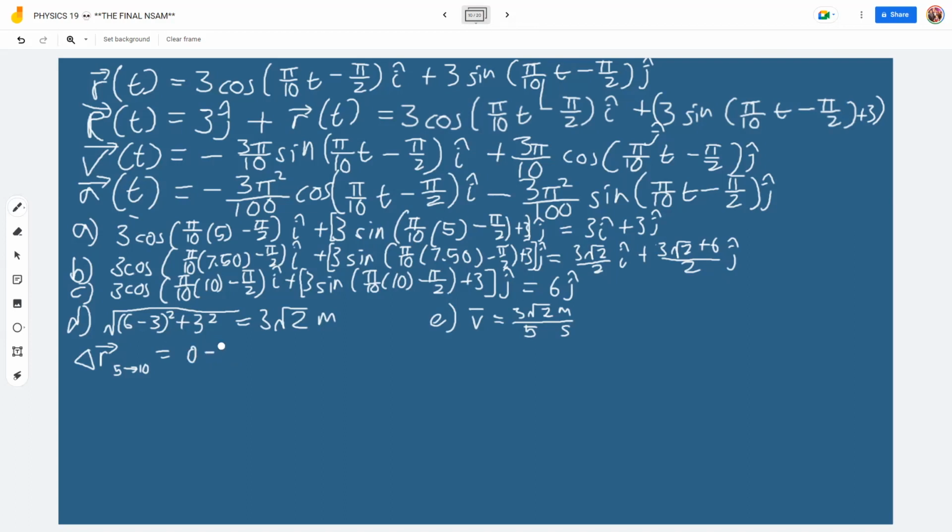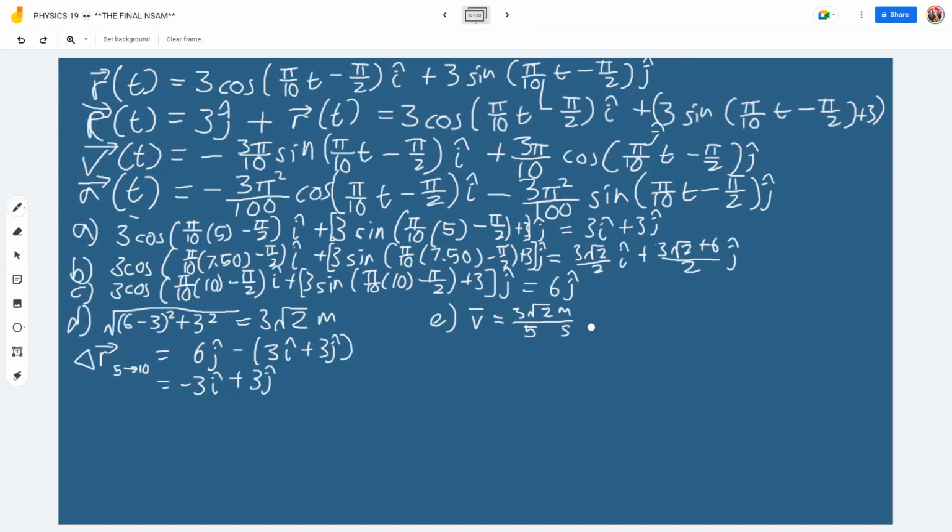So that's going to be final, so 6j hat minus the quantity 3i hat plus 3j hat. And then saka lalabas yung negative 3i hat plus 3j hat.